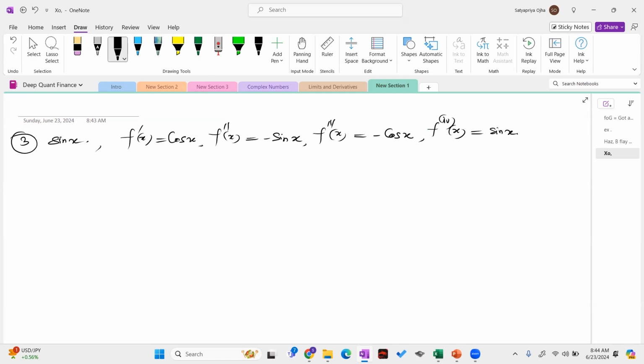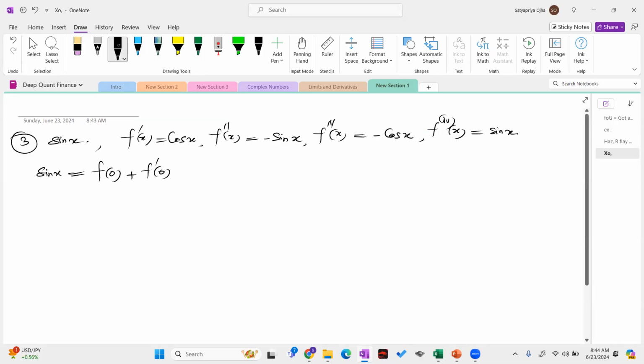Taylor series expansion would be sine x is equal to, I'm writing directly, okay? F of 0 means sine 0. Sine 0 is 0. This is our first time, right?